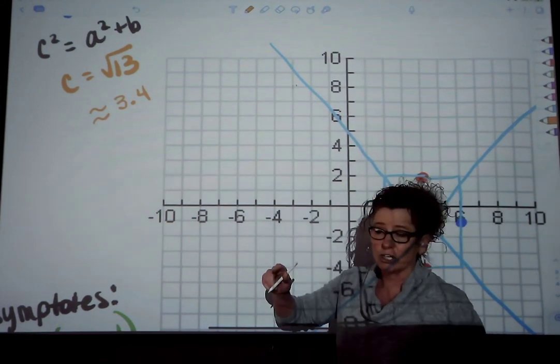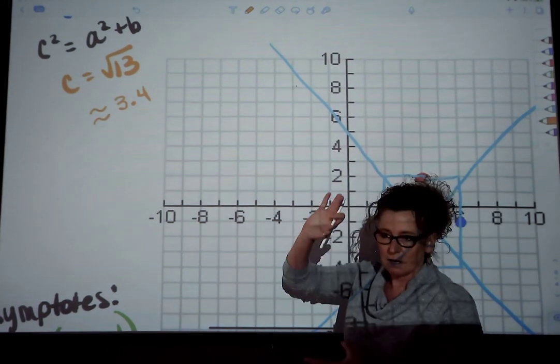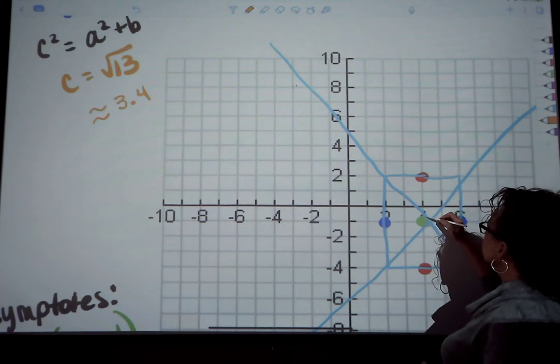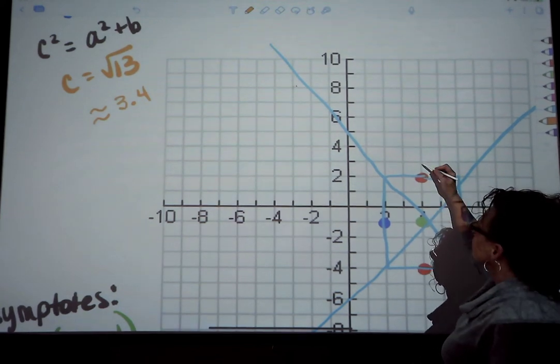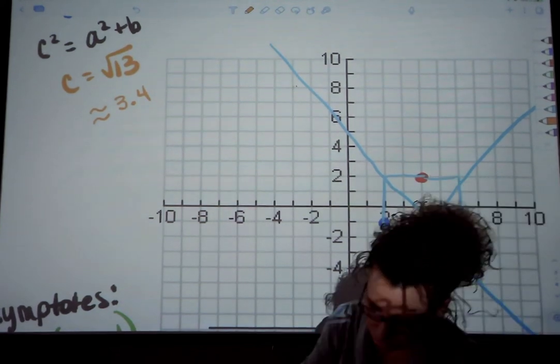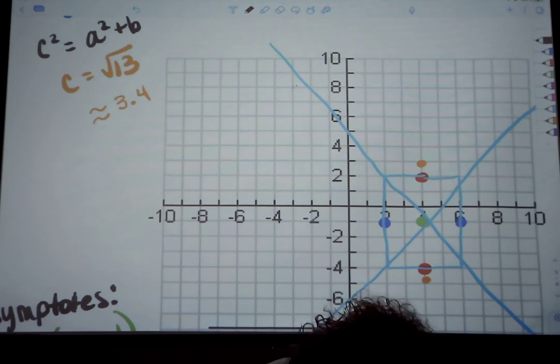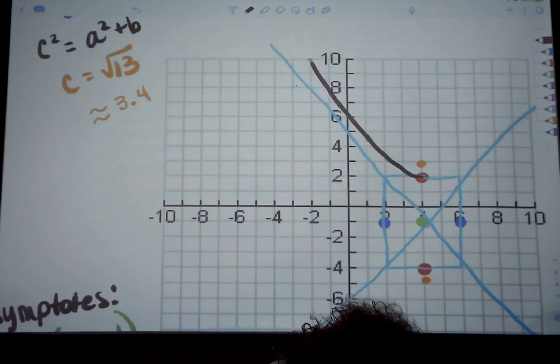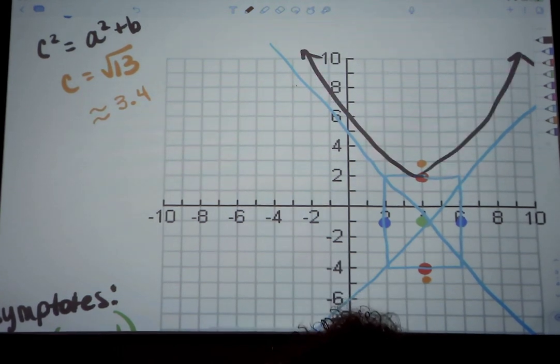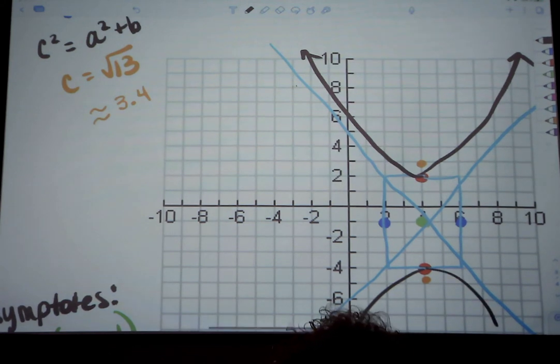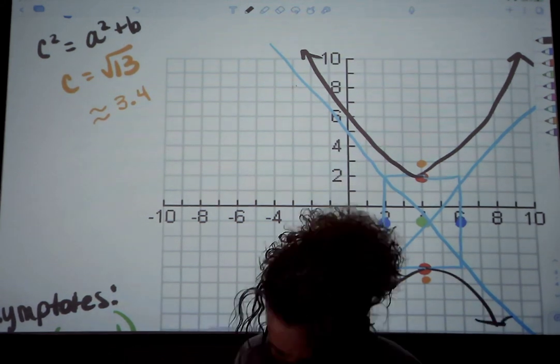So from the center, go out toward each vertex about 3.4. That's what they look like. Right? So that's what your hyperbola should look like.